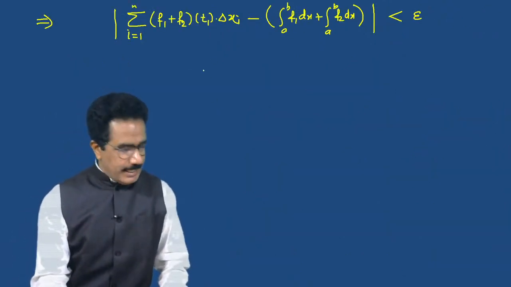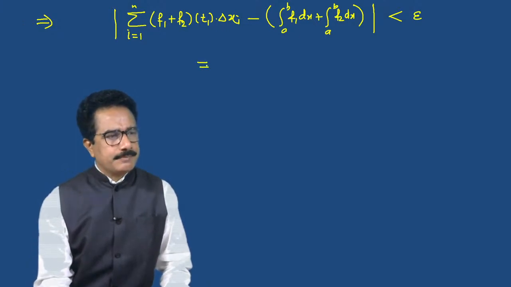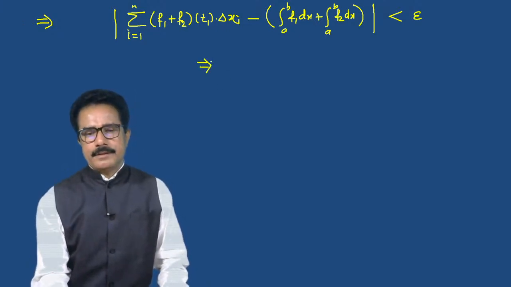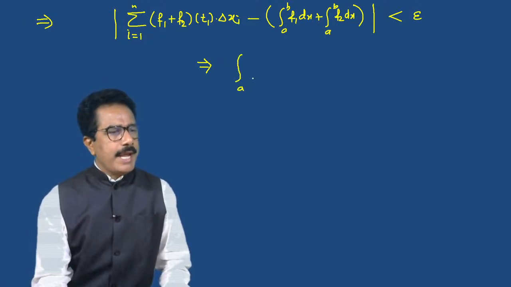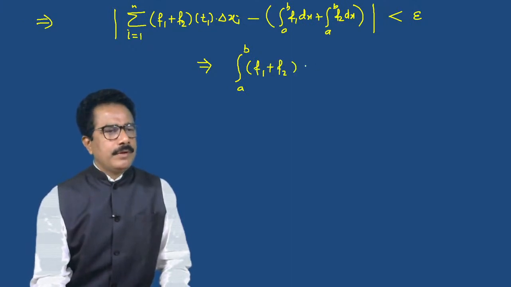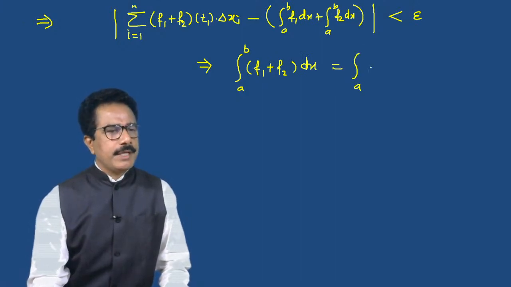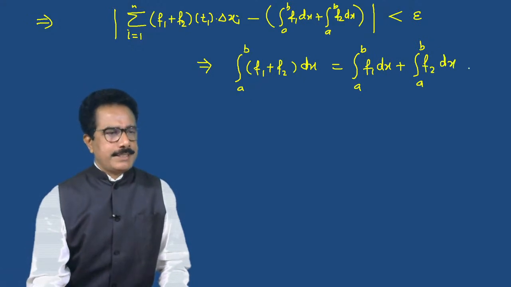This implies that, we can say, integral from a to b of f1 plus f2 dx equals integral from a to b f1 dx plus integral from a to b f2 dx.